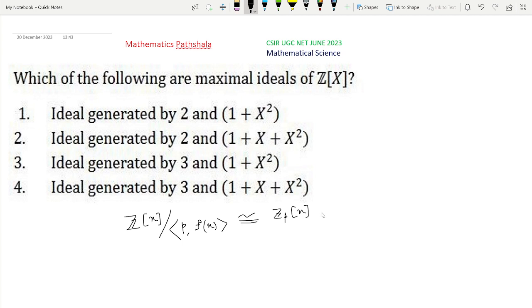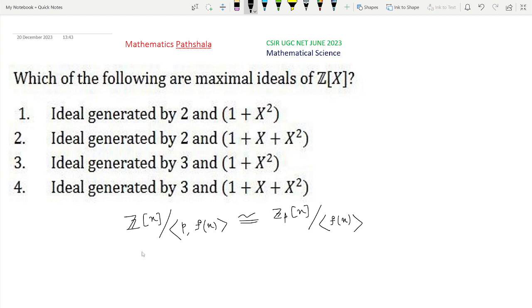So Z_p[x] by the ideal generated by f(x). So if we can prove this result, then very easily we can conclude that out of these four options, which one will be maximal and which one will be not.